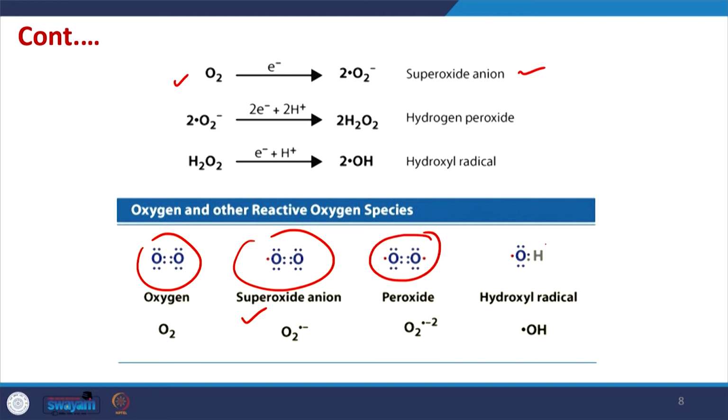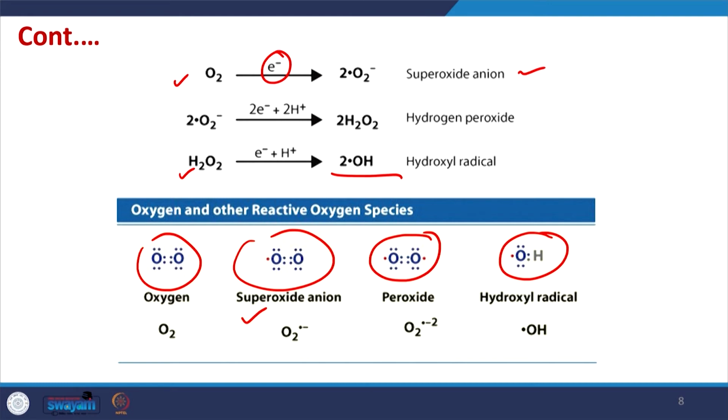Similarly, the hydroxyl radical again has one electron missing from its valency. So, this is there and we can see that hydrogen peroxide may form 2 hydroxyl radicals. Similarly, oxygen may also form superoxide, but we have to remove one electron.